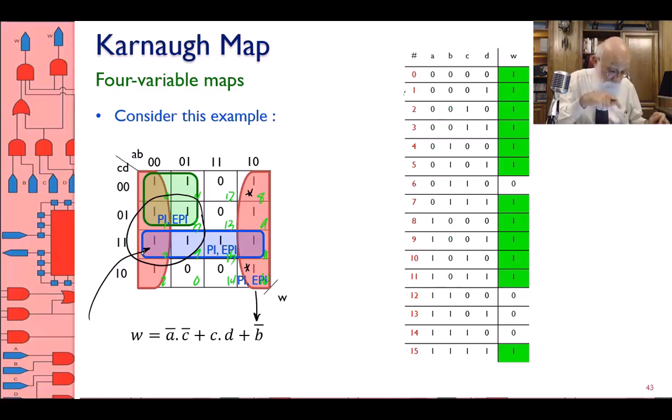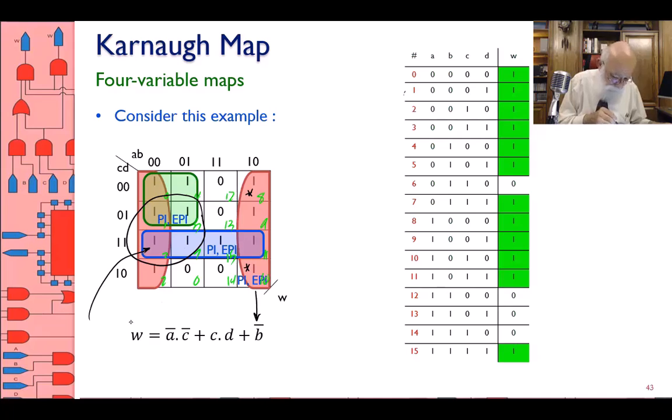Because that particular one is covered by the black one that I just put in there. It is covered by the 8 ones that are already there, and that's it. So again, it is covered by several prime implicants, and therefore this particular one cannot make this an essential.